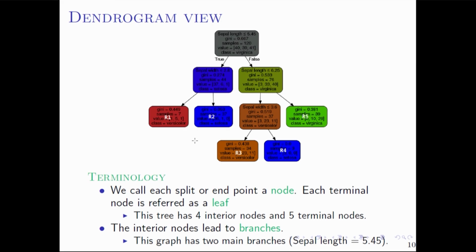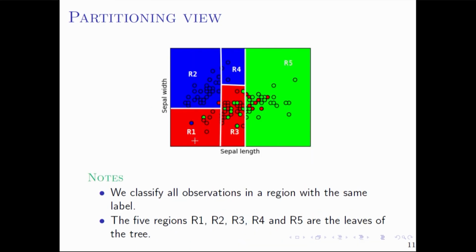When your data point comes to a leaf, you can give a label to the data point. Here we have 4 interior nodes and 5 leaves. So however many leaves you have, you have that many sub-regions in your space.